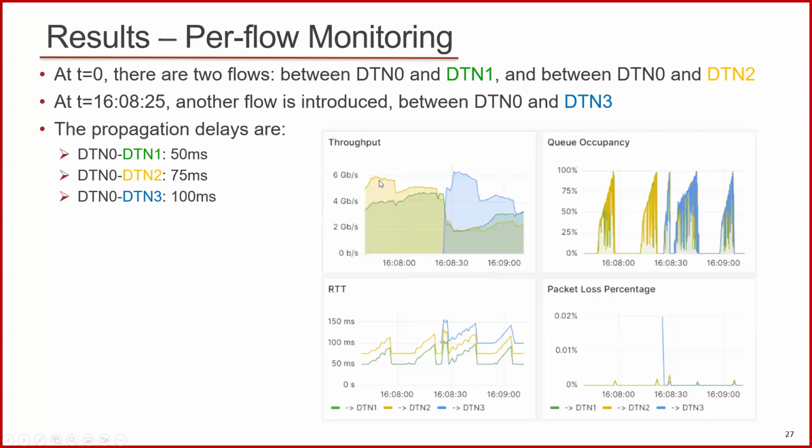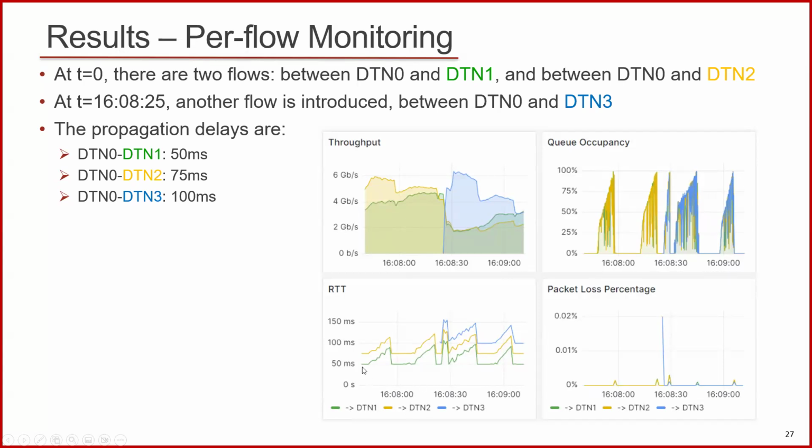As you can see, at the start of the experiment, the flow with DTN1 and the flow with DTN2 almost occupied the full link, which is around 10 gig. The occupancy pattern is repeating itself, the RTT the same, and the packet loss is relatively low.